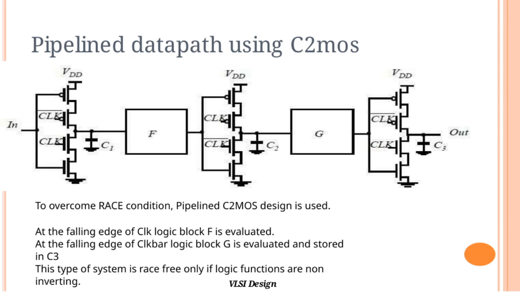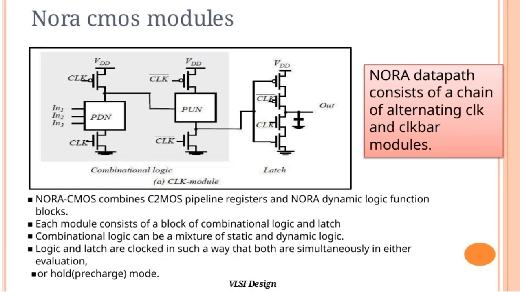The NORA CMOS modules are designed by combining C2 MOS pipeline registers with NORA dynamic logic function blocks. Each module includes both a block of combinational logic and a latch, allowing for efficient processing within the circuit. The combinational logic can consist of a mix of static and dynamic logic, providing flexibility in the design.